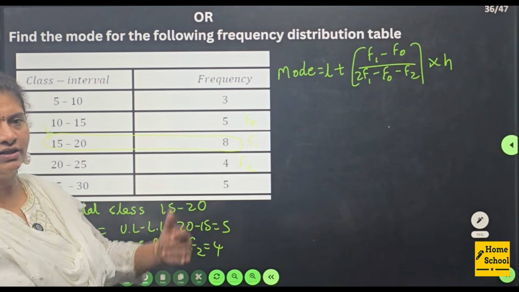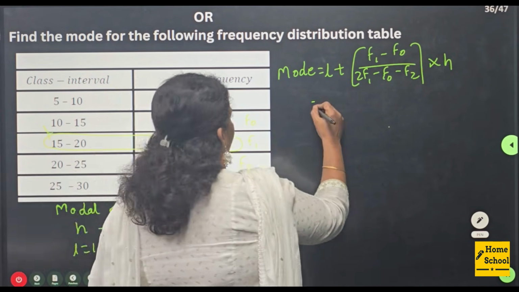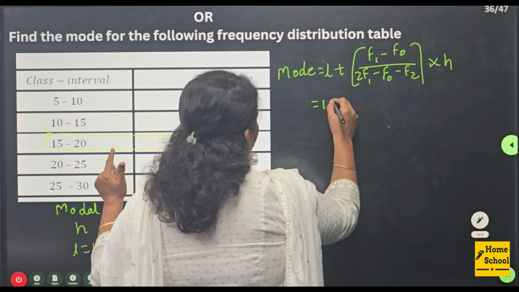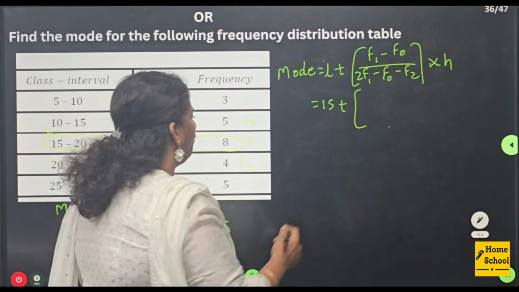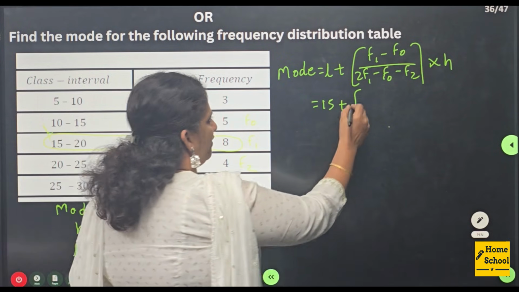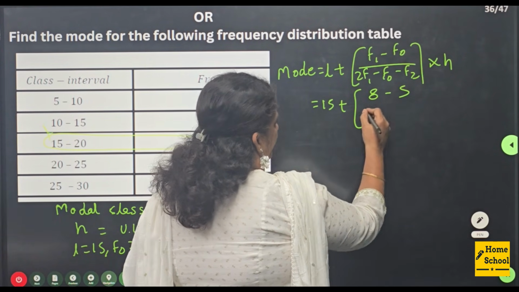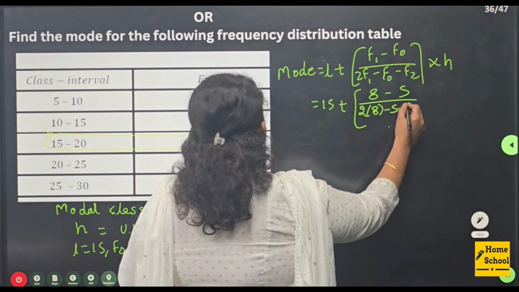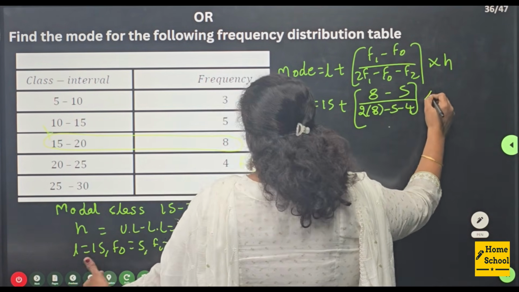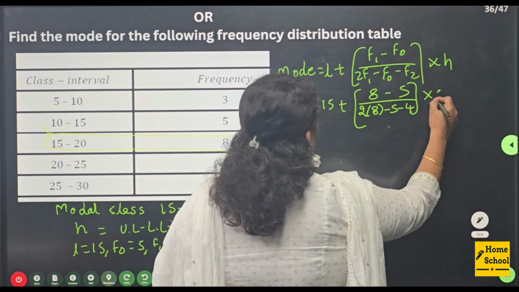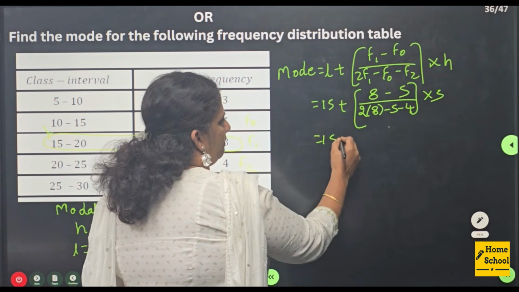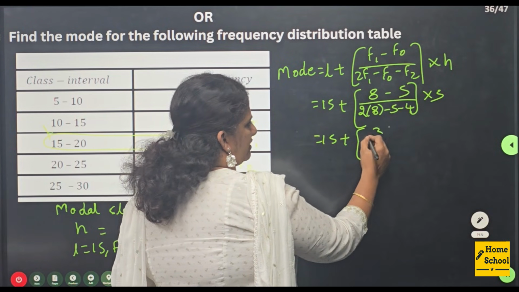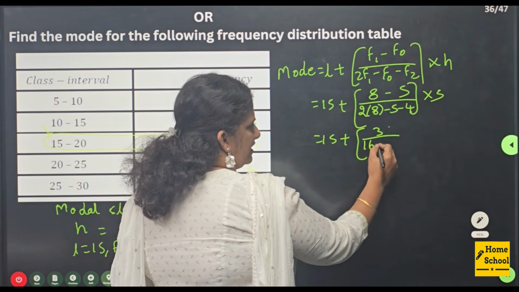Now substitute all this in the formula. That is, L is equal to 15 plus F1 8, F0 5: 8 minus 5, 2 into 8 minus 5 minus 4, into H, which is 5. 15 plus 8 minus 5 is 3. 8 2s are 16.